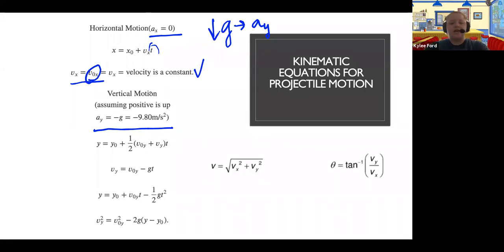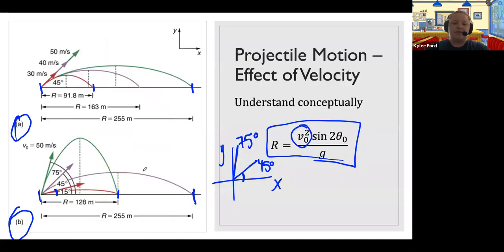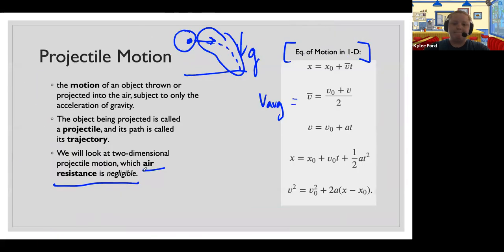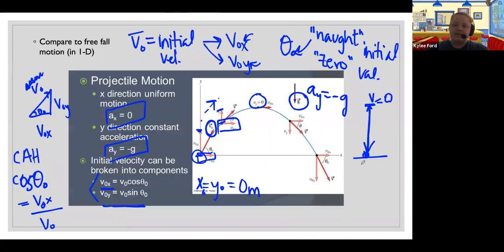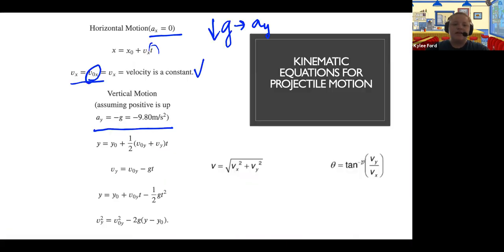Now, I can use my previous equations. Let me go back to here. I can use all of these to define my y values. I start plugging things in, and I get this big list of equations.